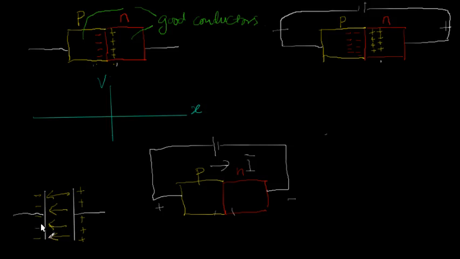The other way to look at it is that if I start from here and I want to bring a positive charge over to the other side, I have to do work. So as I move a positive charge from here to here, the potential energy increases, just like if I lift up a piece of stone against the force of gravity, the potential energy of the stone increases.